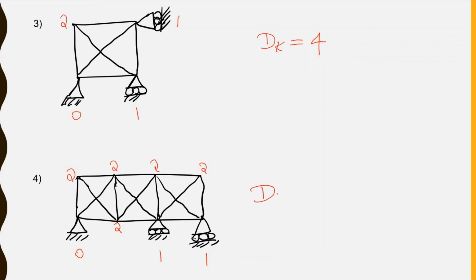So the total degree of freedom of this structure is 2 into 5 plus 1 plus 1, which is equal to 12. So this is all about kinematic indeterminacy of trusses.